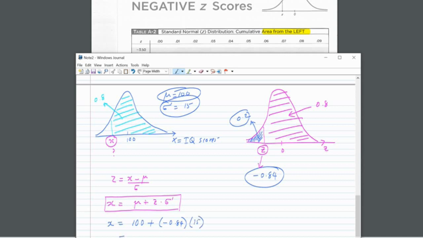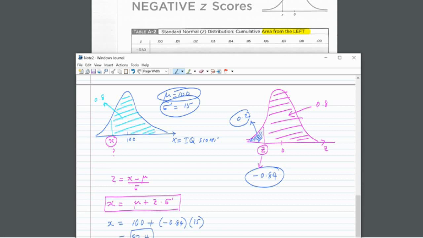Let's multiply and find this out. I'm just using my calculator as I speak. Plus 100, so that is 87.4. So this X is 87.4.